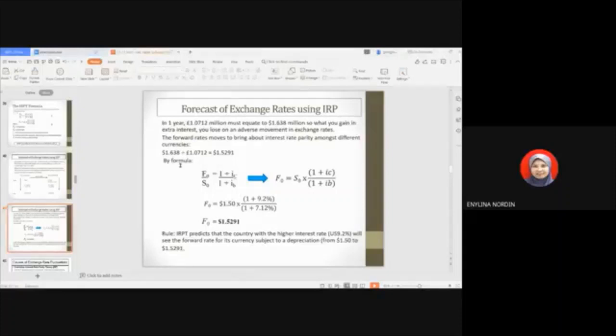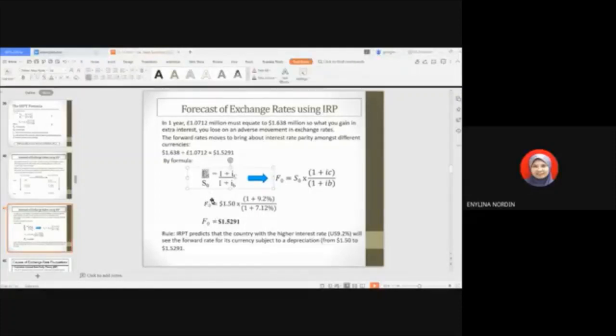Okay, if you are using the formula of IRPT, we are going to get the same answer here. You just plug in the figures into the formula. This is the one that we are going to find out: the forward rate, which is equal to the expected future spot rate.